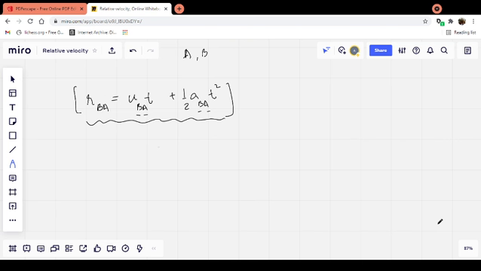This is our objective of going through the whole idea of relative velocity: that position of B with respect to A is u t plus half a t squared. We can simply put the subscripts.